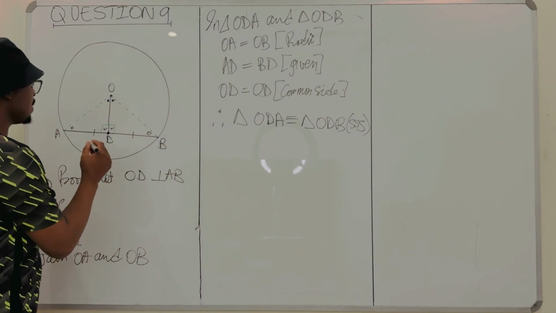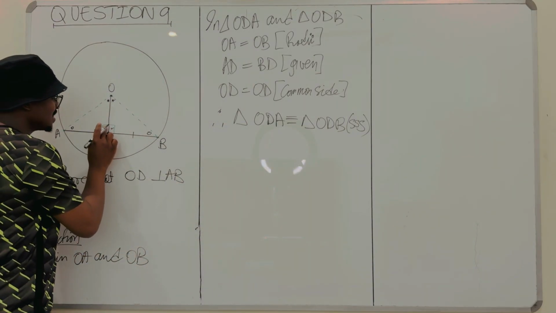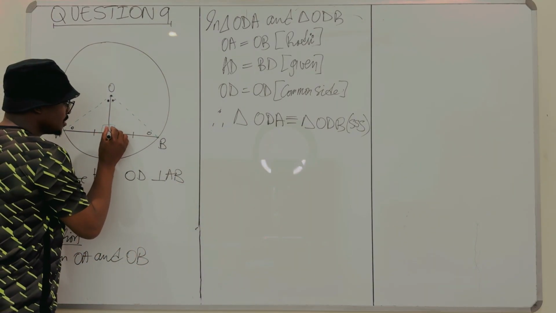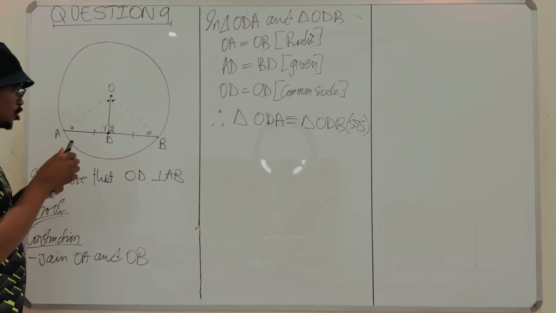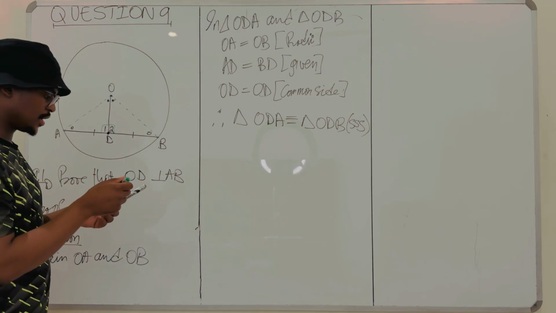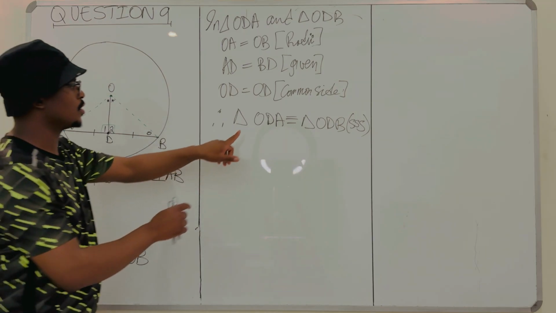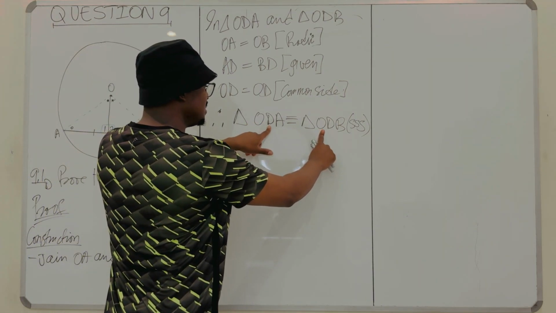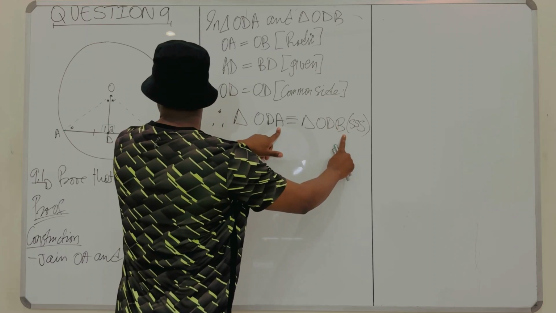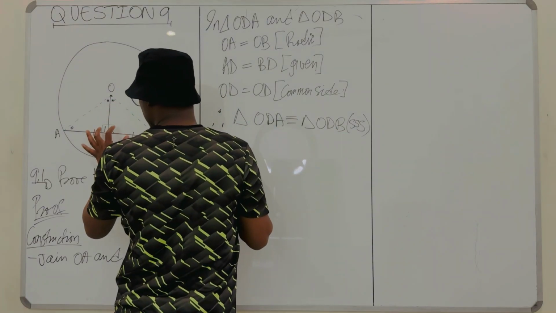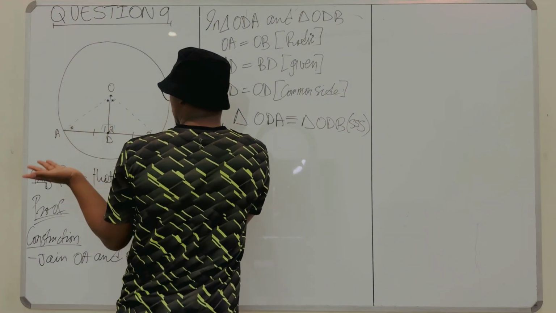So in that case, just to make things easy, let's say this is D1 and this is D2. So I'm going to say my angle D1 and D2 are equal. Because look, angle O is equal to O, D is equal to D, A is equal to B. That's what I'm saying.